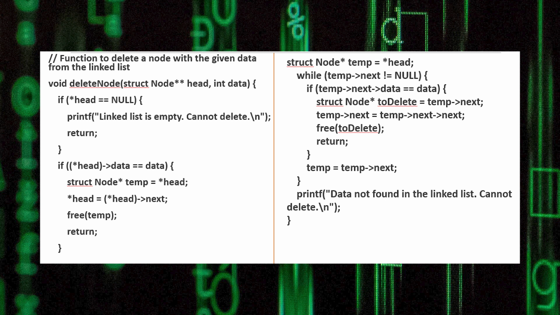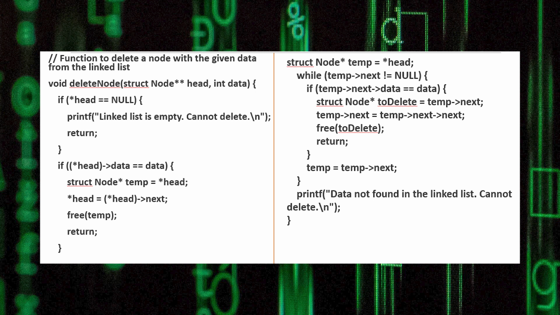The first thing I am going to do is compare the head value with null. If head equals to null, I am simply writing a message: linked list is empty and cannot be deleted. After this, if condition is false, now I am checking the head of data with the data value.